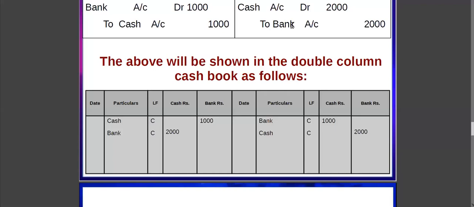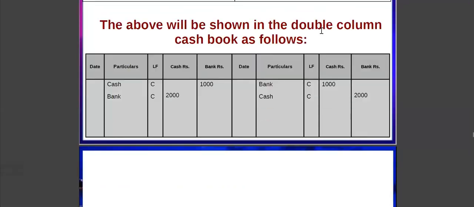In this entry we have the credit balance of bank account. Place your hand in the bank column and write 2000 by cash. This way you have to write. This is called contra entry.